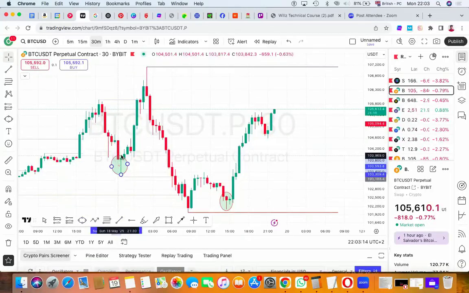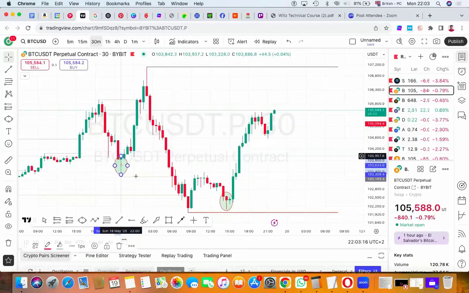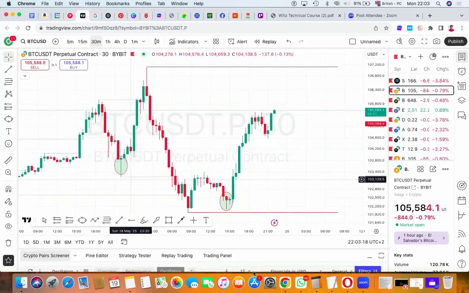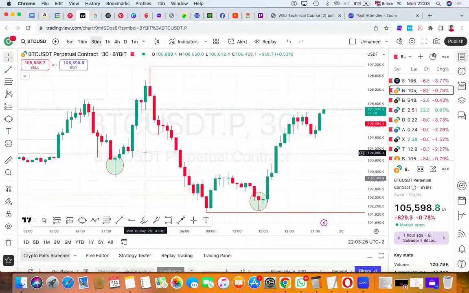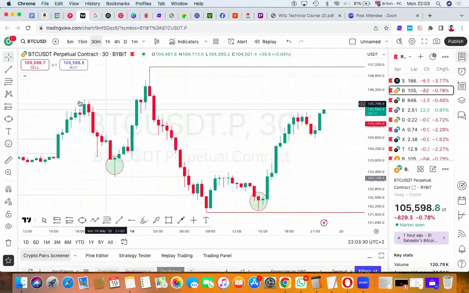You can see, yeah. So can we all see my screen? After this move, there was a bullish up move, and this market created a new high because it broke structure to the upside.